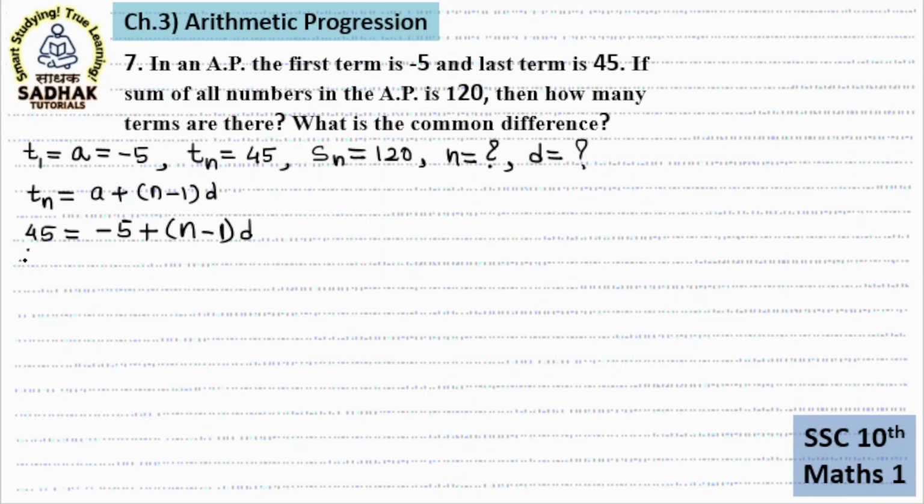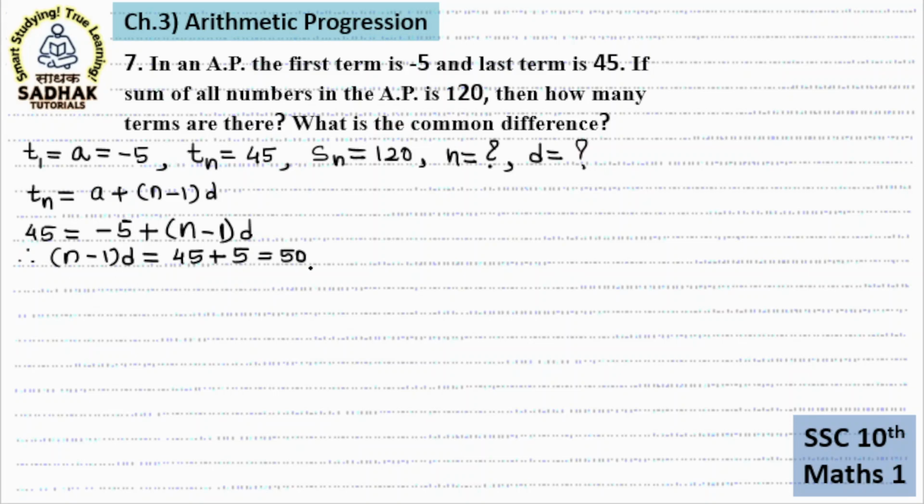Now the minus 5 can come here and become plus 5. So (n minus 1)d is equal to 45 plus 5, that will be 50. So (n minus 1)d is equal to 50.